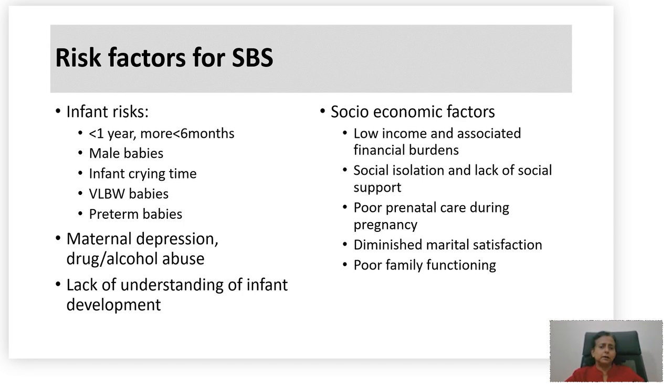In addition, there are a lot of other socioeconomic factors like low income, social isolation, lack of social support, poor parental care during pregnancy, diminished marital satisfaction, and poor family functioning, which are some of the risk factors that will promote shaken baby syndrome.